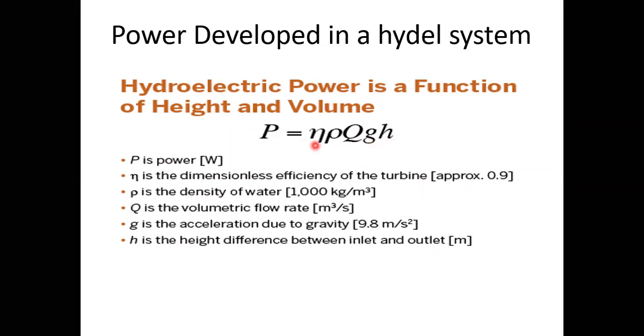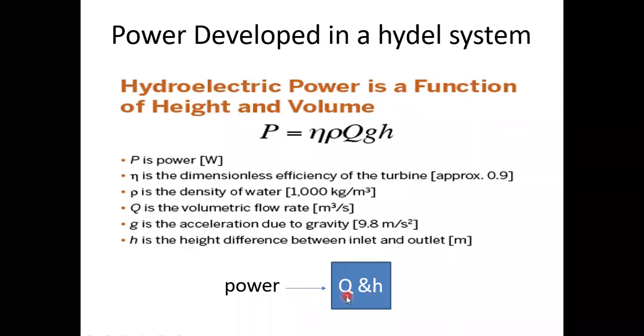When you are considering this formula, eta is a constant value, meaning we can assume the efficiency value, and rho is also a constant value, and G is also a constant value. So finally, how we can write this equation is power is directly proportional to Q and H. Q is the discharge of the water and H is the head of the water.